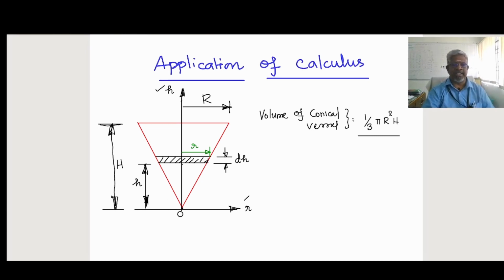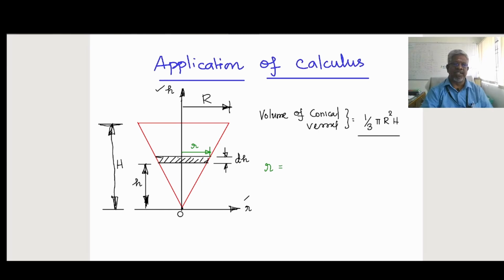At that particular h, an infinitesimally small element of width dh is considered. At that point, the radius, small r in green color, can be easily calculated.